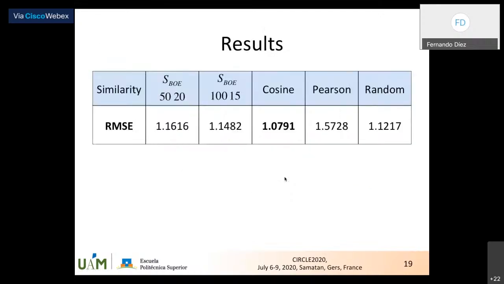Well, the experiment: the results of the recommendation are shown in this table. We have used different similarity metrics, such as the SBO with different parameters, and Pearson metrics, and implemented a random baseline.